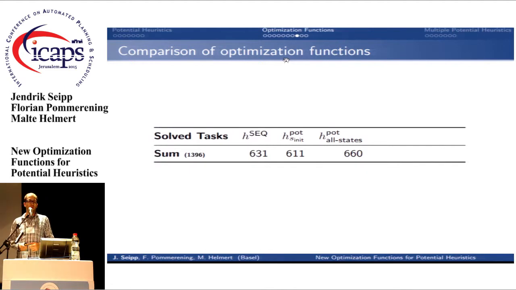So the method that we achieve with this approach solves 660 tasks, which is much better than the potential heuristic for the initial state, and also better than the state equation heuristic.